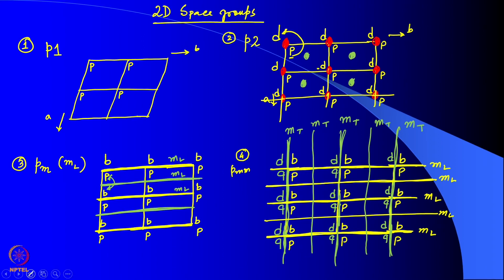And what we further see? We see that the point of intersection of two mirrors is a two-fold axis. So every point of intersection of two mirrors which are perpendicular, there are two-fold axes.